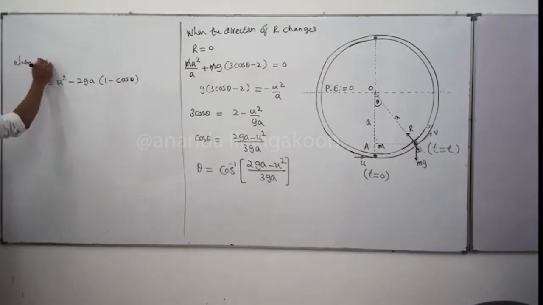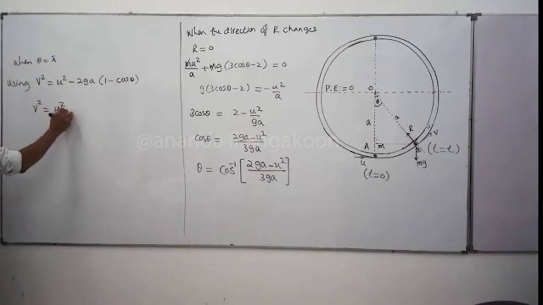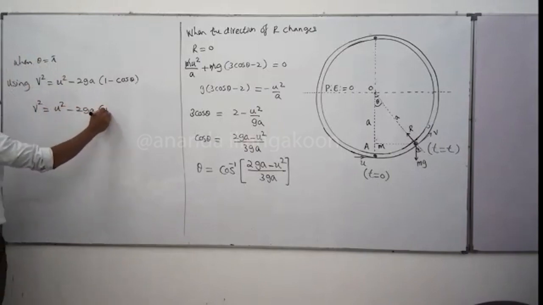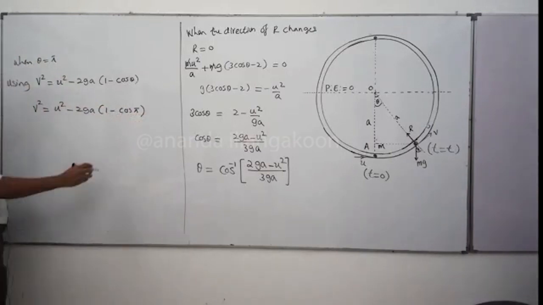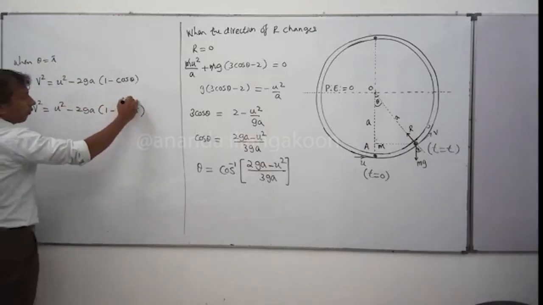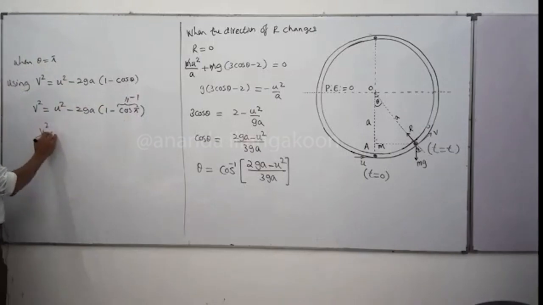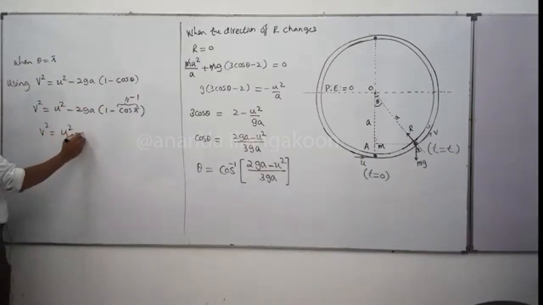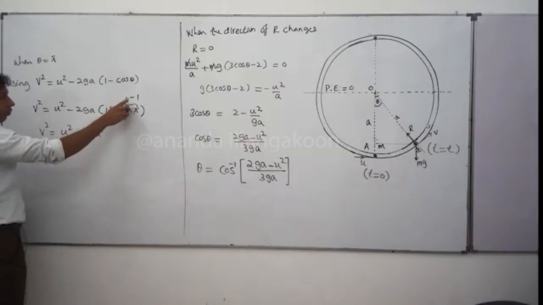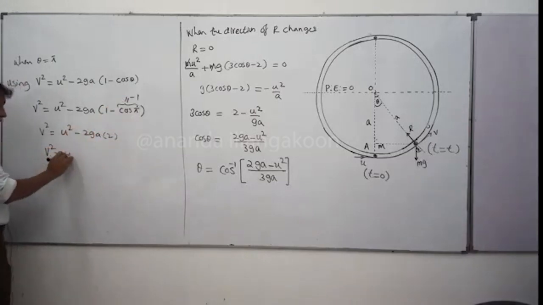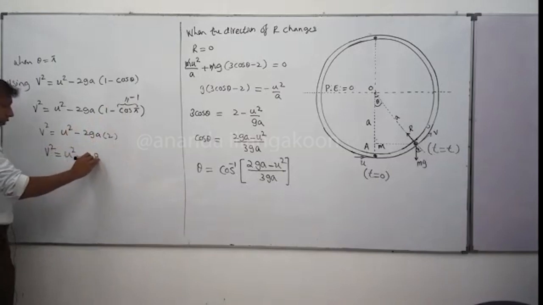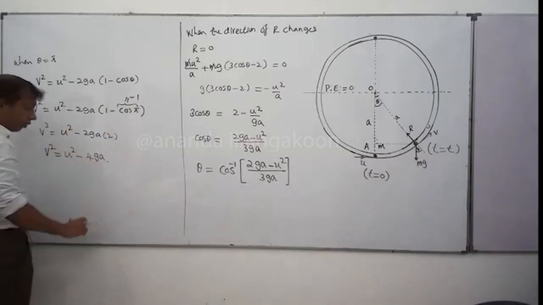When theta equals pi, using this, we can find v squared. 1 minus cos pi. Cos pi is minus 1, no? Cos 180 is minus 1. v squared equals u squared minus minus plus, we get 2. v squared equals u squared minus 4gA. Right?